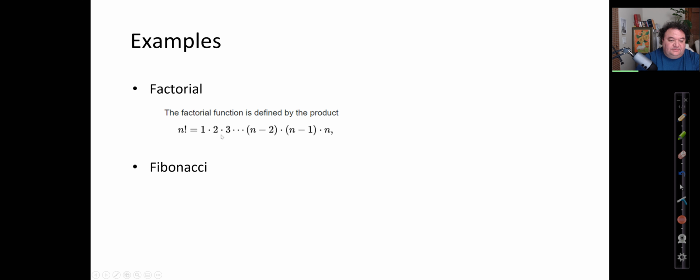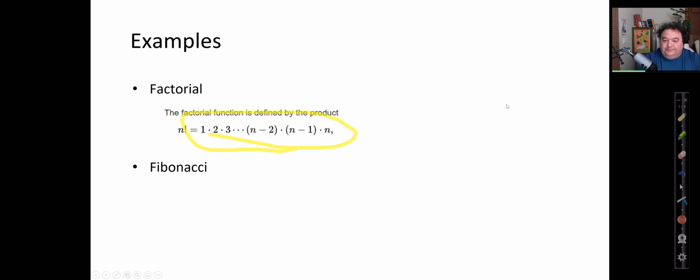So 1 times 2 times 3 and so on, until we go up to n. If you write this in, say, a computational loop, we can think of this as an iterative computation of the function.